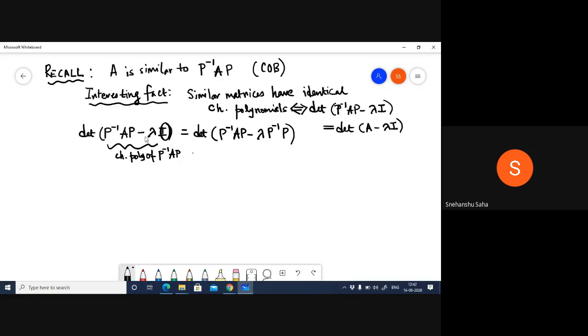Now, using a common property of determinants, I can write it this way, and there is another property that lets me break this up.